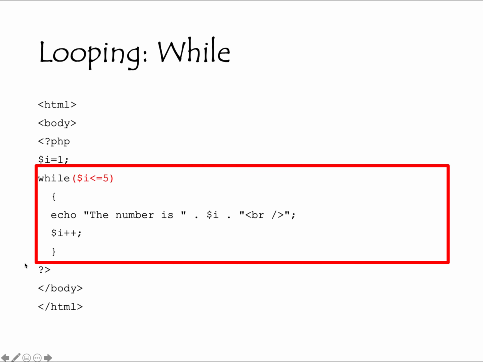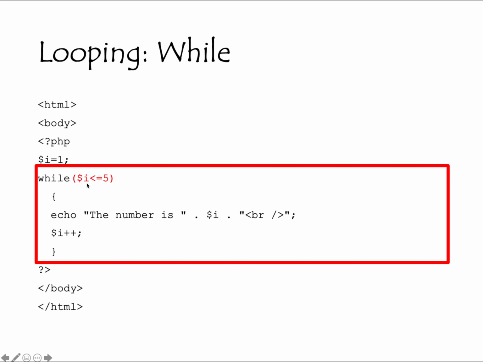Now let's look at some more details of how it works. At the beginning of this PHP code, there is a variable $i, and we assign the specific value 1 to this variable. What's the value of $i right now after this line? It is 1. Now, in this while loop, we will check the condition.